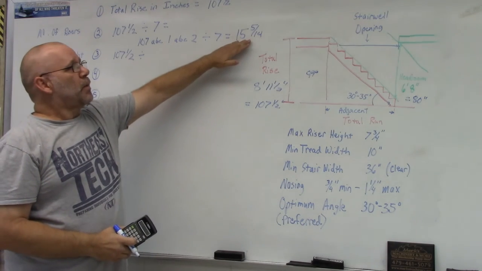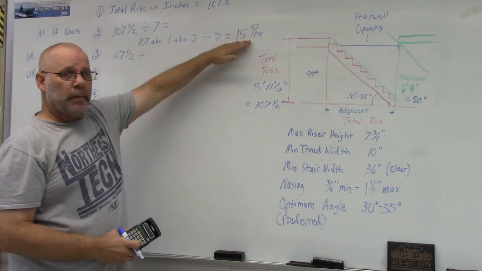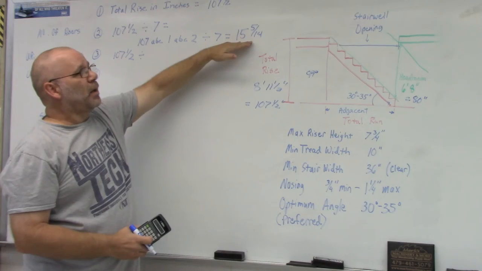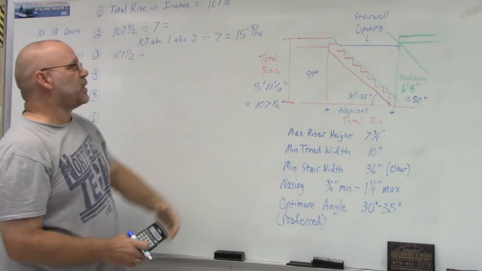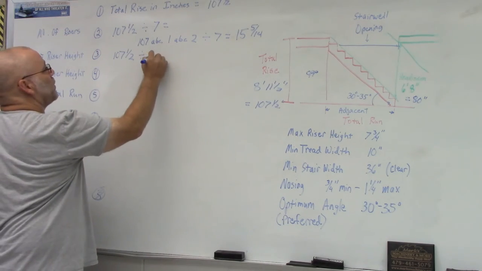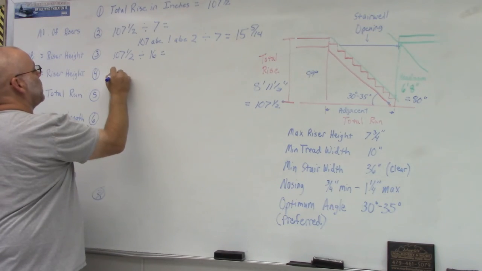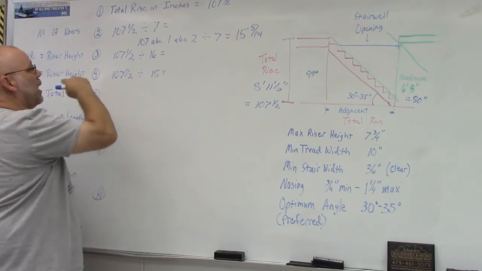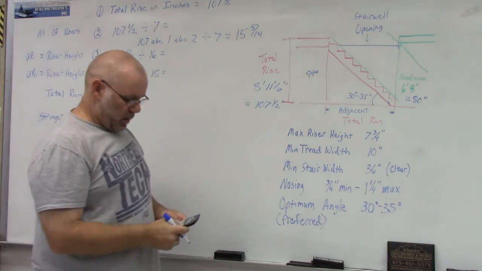I'm going to round this number up and round this number down: up to 16 and down to 15. So 107 and a half divided by 16, then 107 and a half divided by 15, to figure out which one is the best for my riser height.